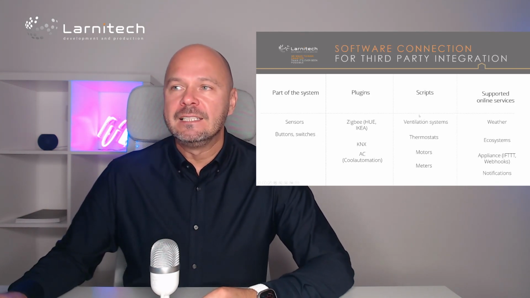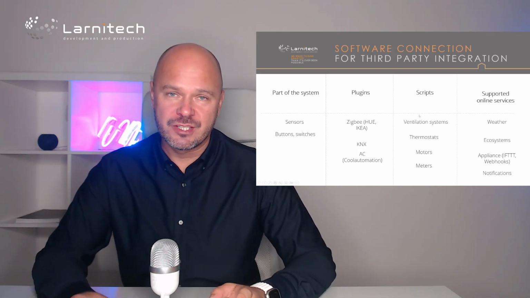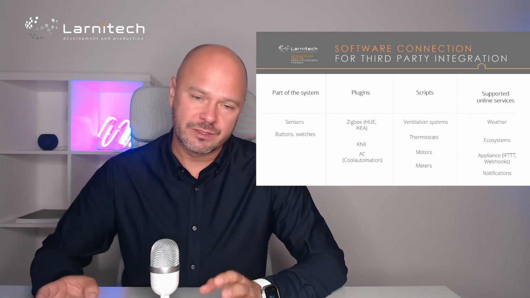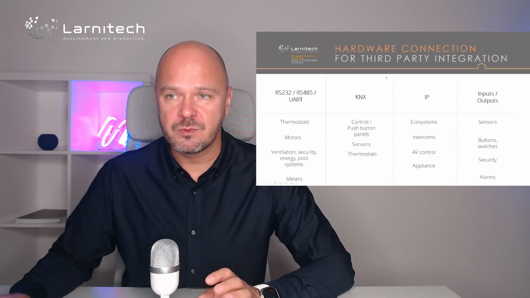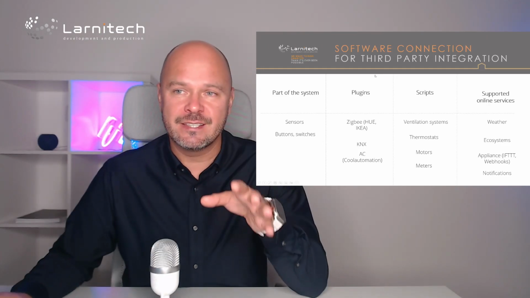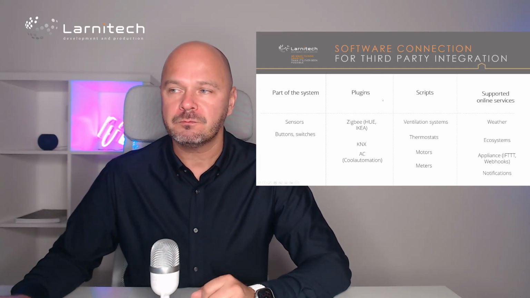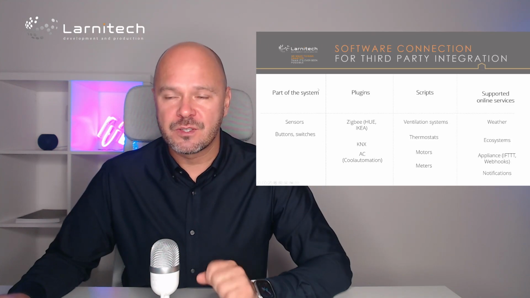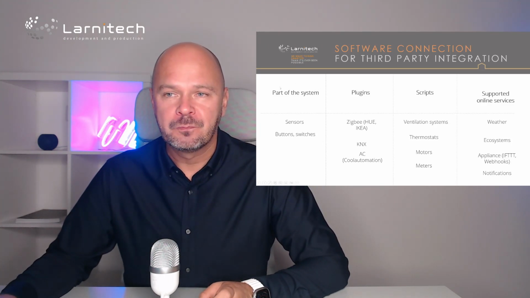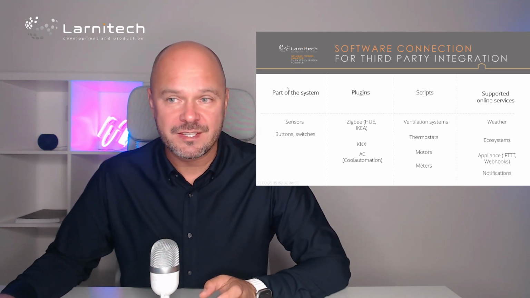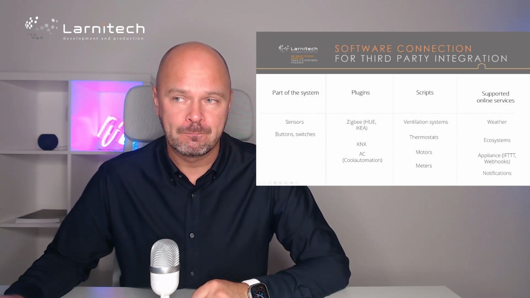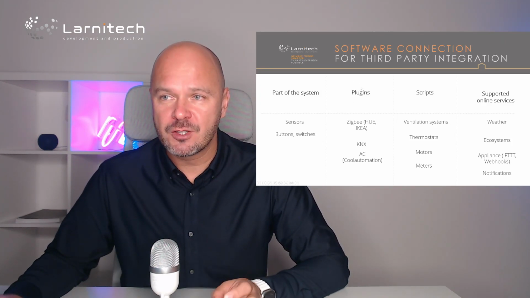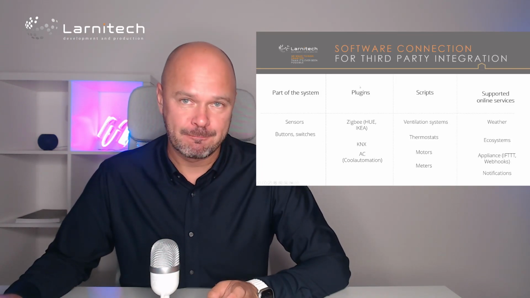Okay. And another part which is important when you try to understand what kind of third party can be connected is software connection. So this was hardware connection, and this is the software connection. So as for the software part, we have things which are part of the system. So you can use third-party sensors or buttons or switches as part of the system. And then you use special software named plugins.